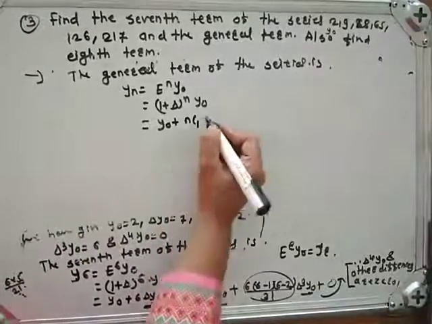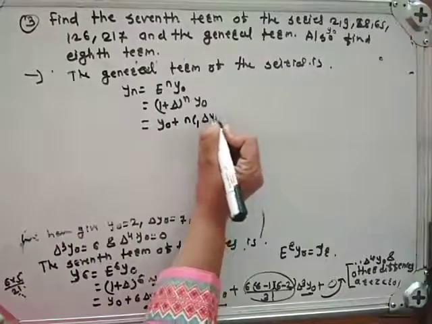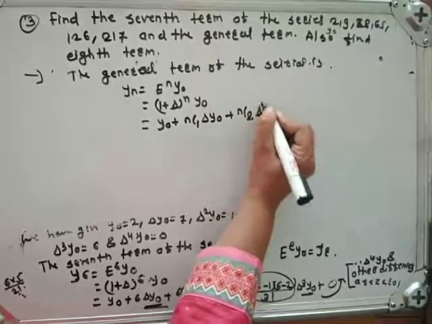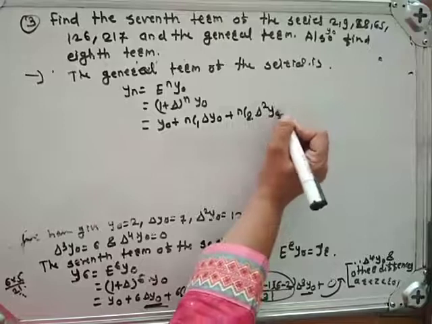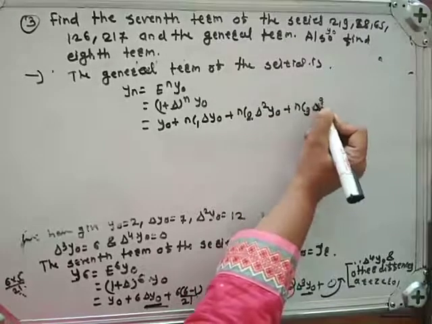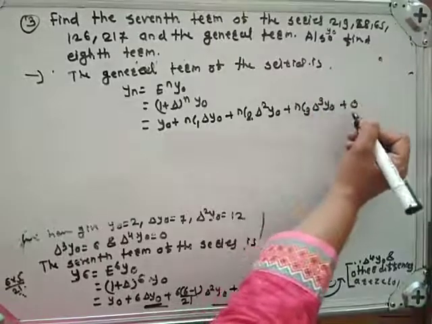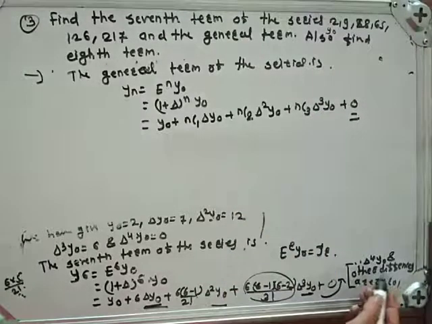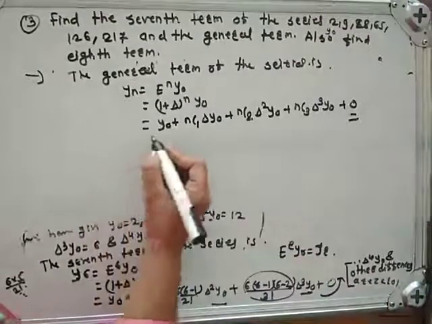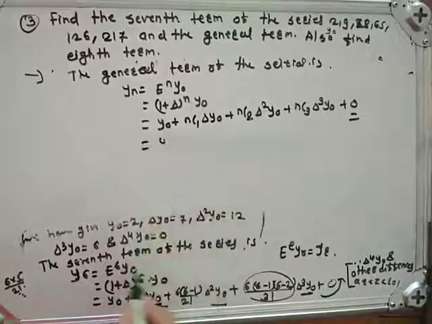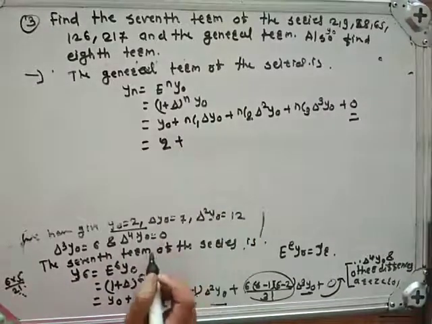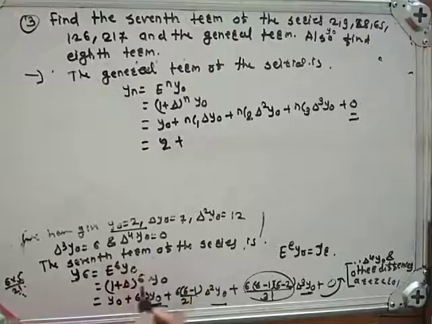Okay. nC1 Δ of y0 plus nC2 Δ² of y0 plus nC3 Δ³ of y0 plus 0, because Δ⁴y0 and other differences are 0. Okay, which is equal to, what is the value of y0? It is 2 plus nC1.